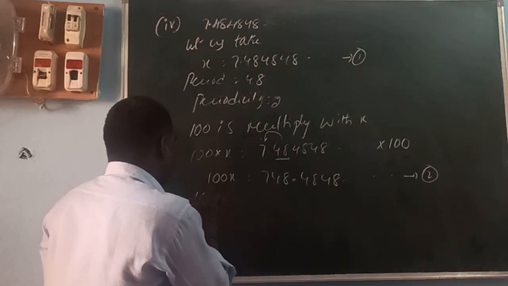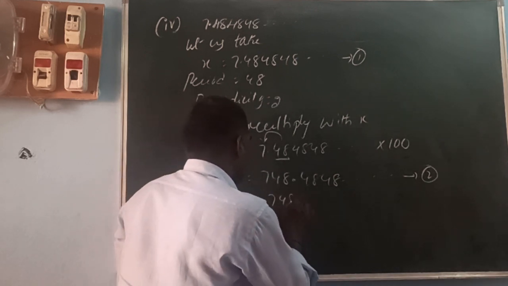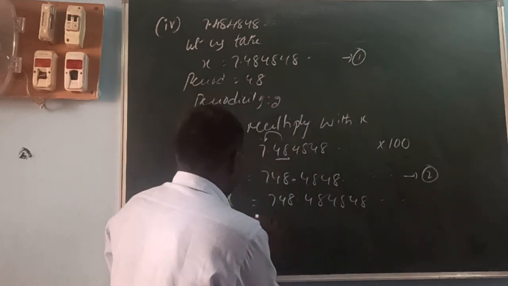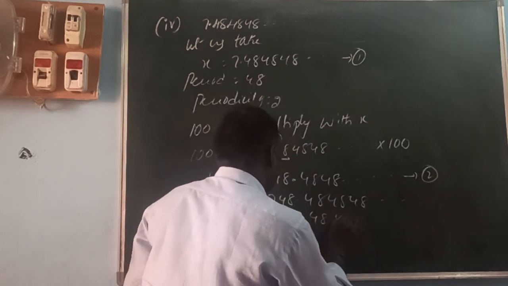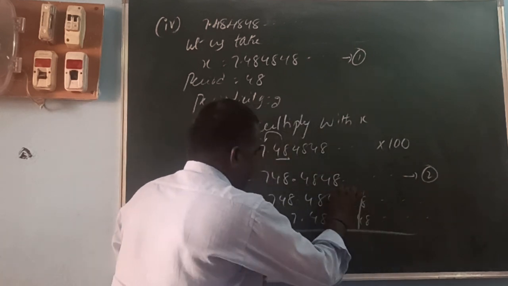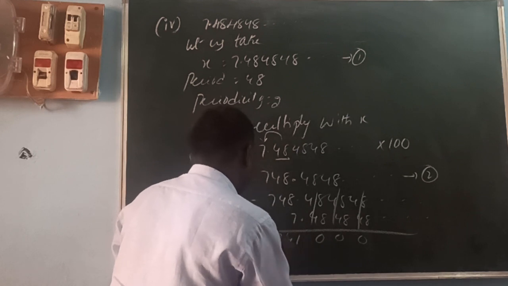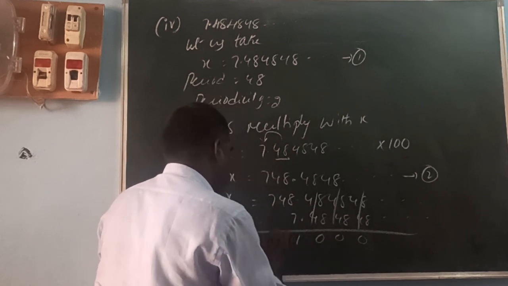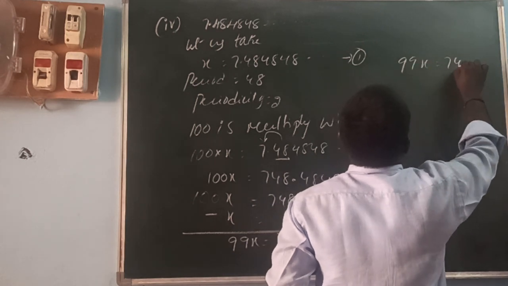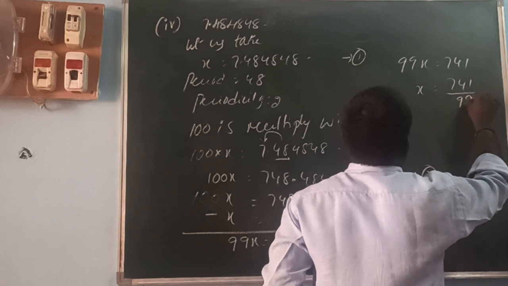So 100x minus x is equal to 748.484848 and so on minus 7.484848 and so on. On subtracting, we get 741 is equal to 99x. So 99x is equal to 741, and x is equal to 741 by 99.